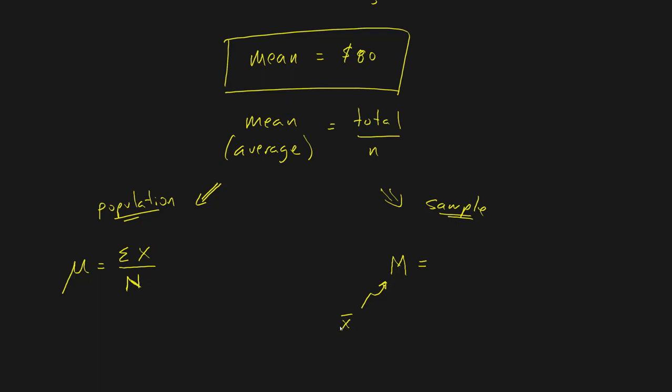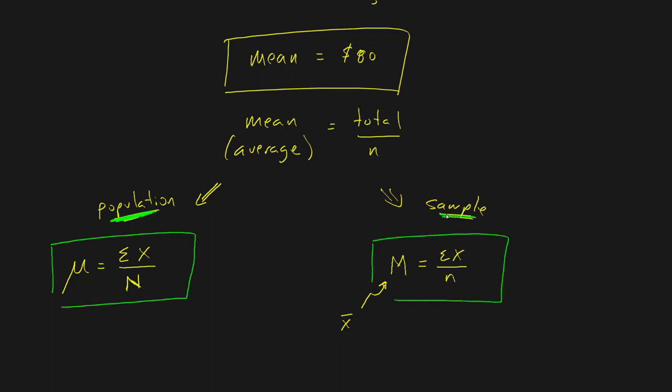In fact, I'm used to using X bar to mean the sample mean, and so I might slip up sometimes throughout my videos and call the sample mean X bar. My apologies in advance. In your course, it's capital M. Capital M, or the sample mean, is equal to, once again, the sum of all of your observations, this time from your sample, and now it's going to be divided by the sample size. So these are the two different formulas that you're going to need going forward. You've got your population mean and your sample mean.